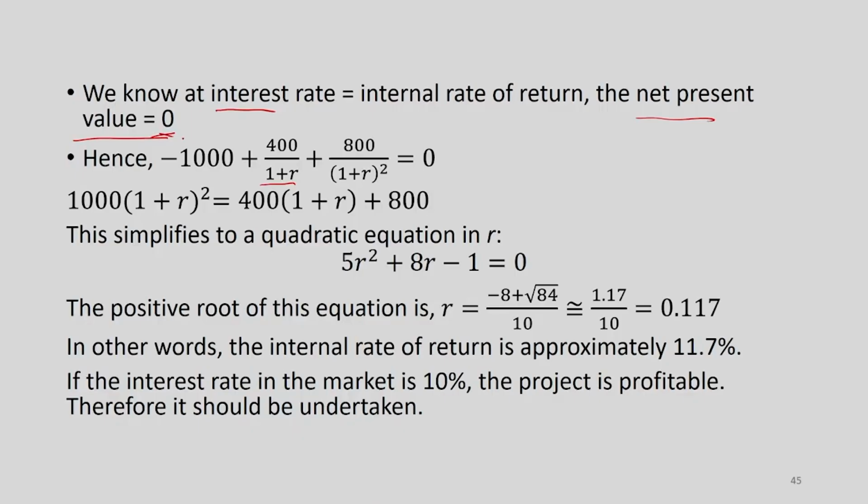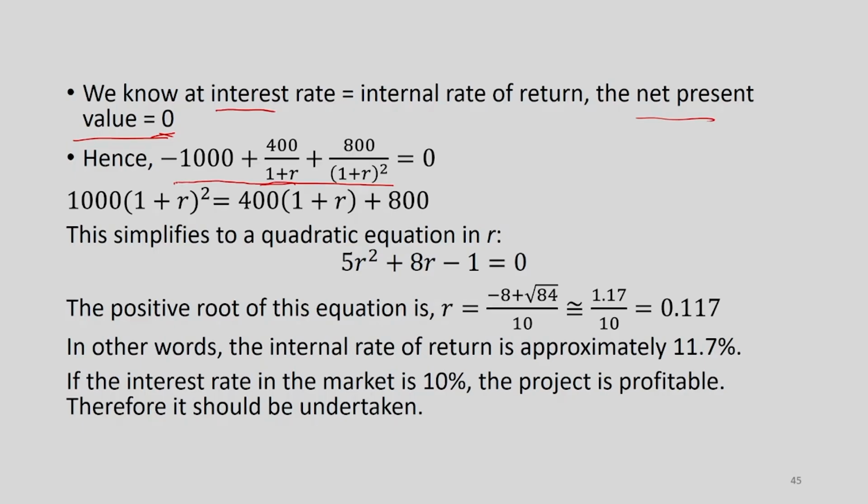So, since here R is the internal rate of return, then minus 1000 plus 400 divided by 1 plus R plus 800 divided by (1 plus R) whole square, that is the net present value. It should be equal to 0 because R is the internal rate of return.